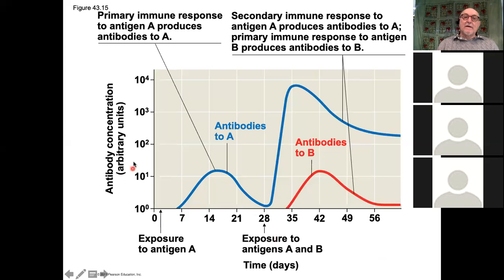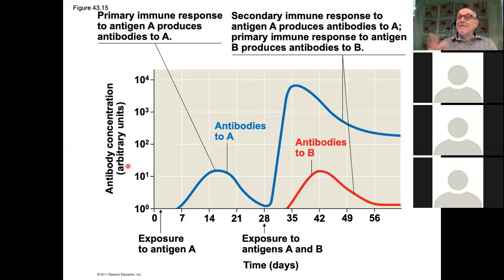This axis here gives us a concentration of antibodies circulating. We refer to that as the antibody titer. If you have tests for COVID, one of the sets of tests you might have is a test for your antibody titer against the COVID virus.